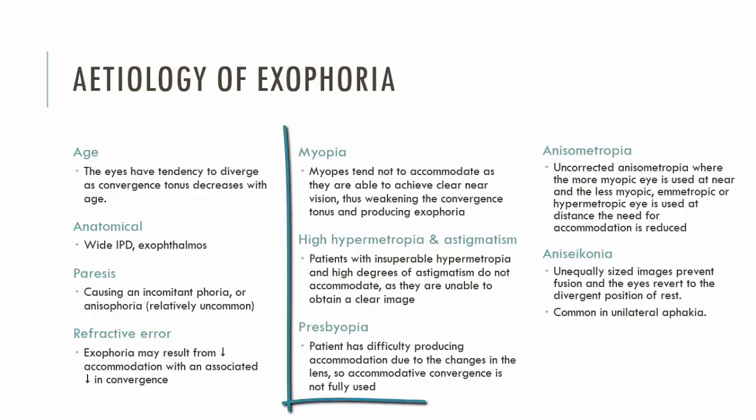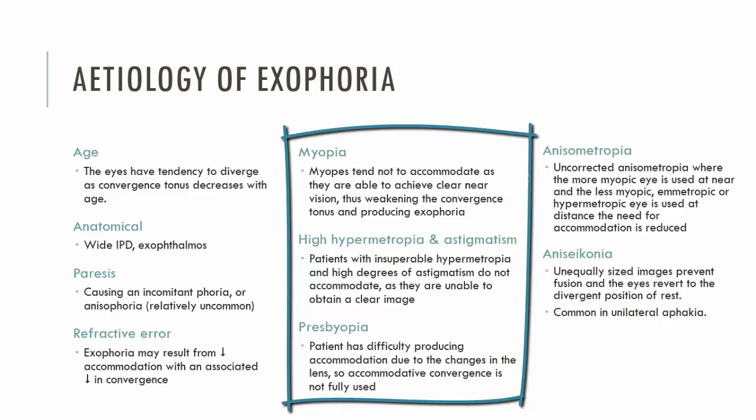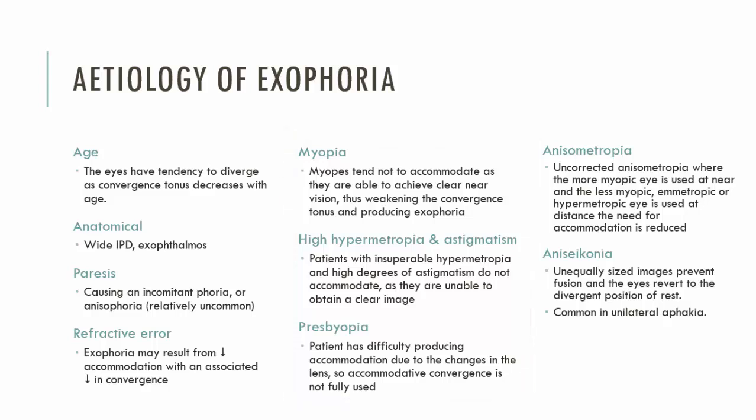So what we see here with myopes, high hypermetropes and presbyopes is that in all these instances, patients are not required or do not do as much accommodation as other individuals. So a myope tends not to accommodate near as much because they can see clearly. A high hypermetrope has difficulties accommodating to overcome the hypermetropia, so they hypo-accommodate. And then you've got your presbyopes, where we have changes to the lens and we're not utilising as much accommodation, which leads to less accommodative convergence.